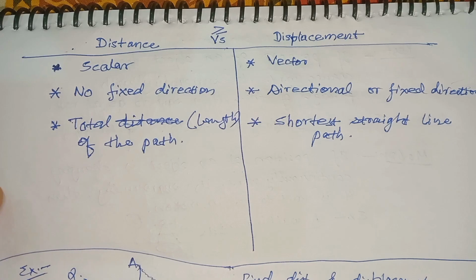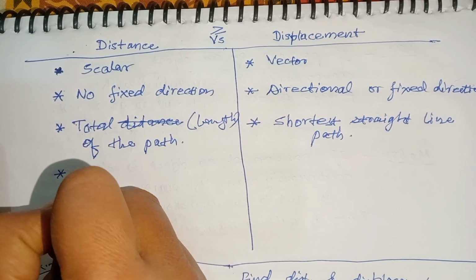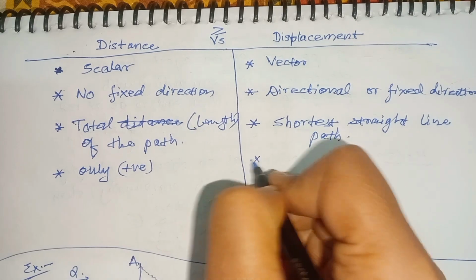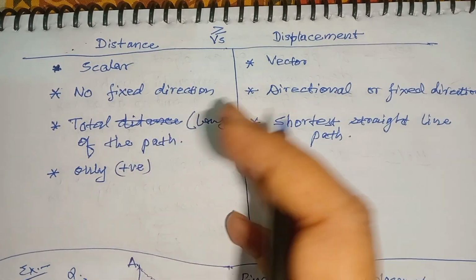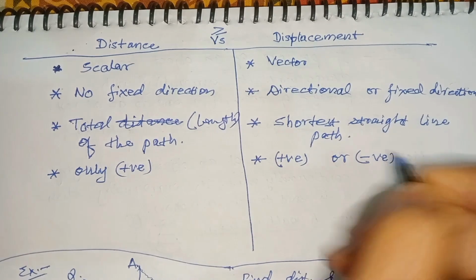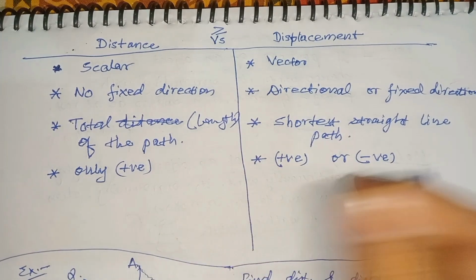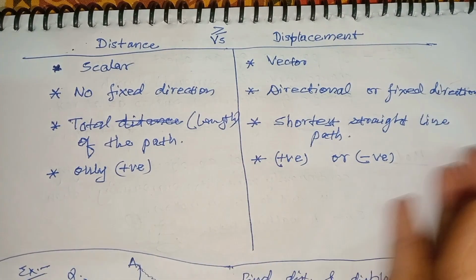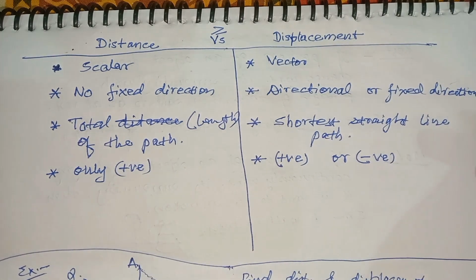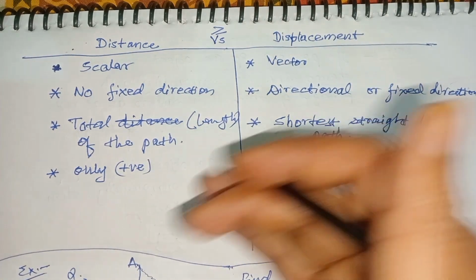Now the next point: distance is only a positive value. Always it will be shown as positive, whereas displacement can be negative or positive. Displacement is positive when it is going along the direction, and when it is negative, it means it is going in the opposite direction.